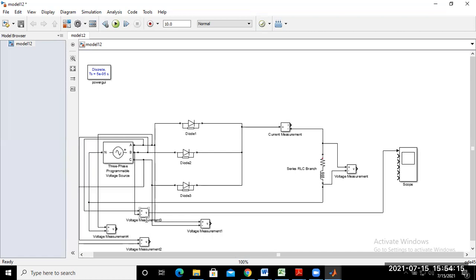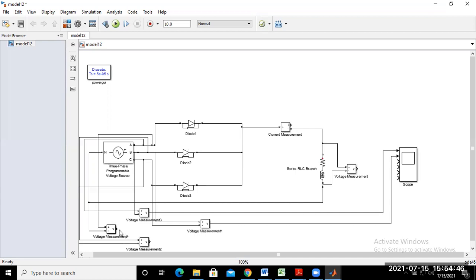This one is your line voltage AB, and this is your line voltage between this point and this point, BC, so just connect it to scope 3. All the line voltages are similar but displayed with some phase angle.